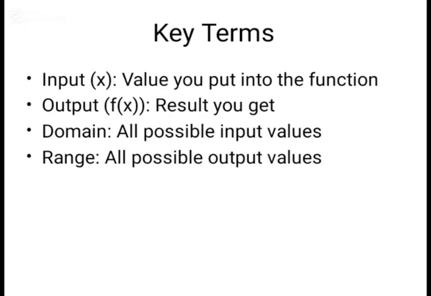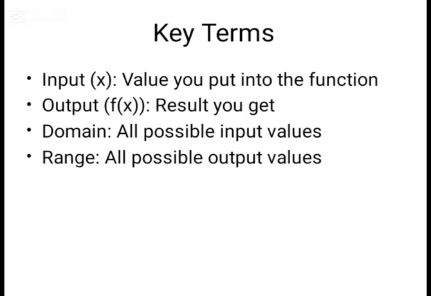Now there are some key terms for functions, or we can say some important words used in this lecture. The first very important word is input. What is the meaning of input? Input means the value we put in, like x, and output means the answer that we get, like f(x).